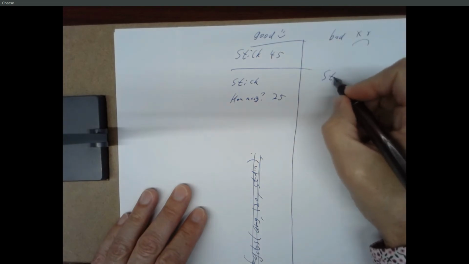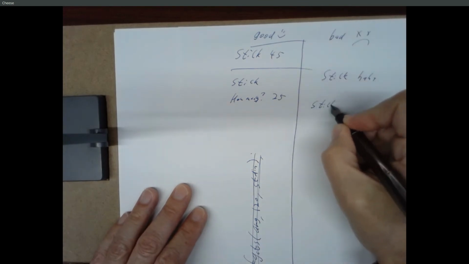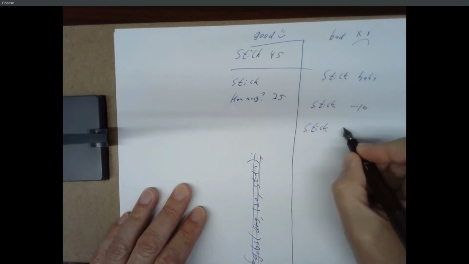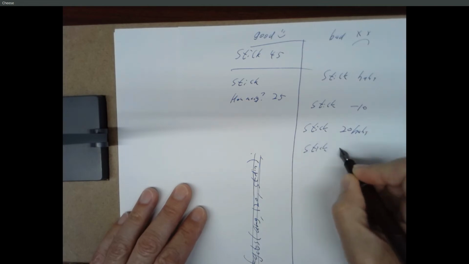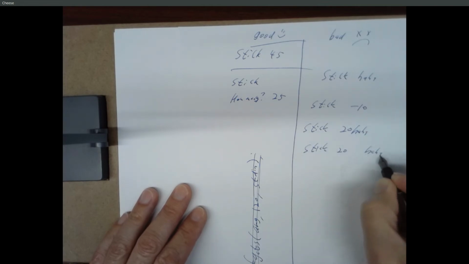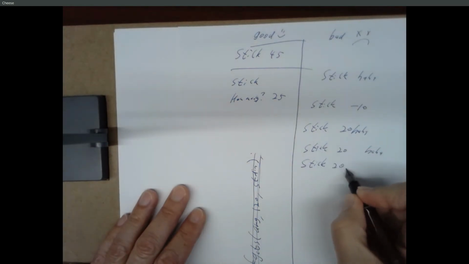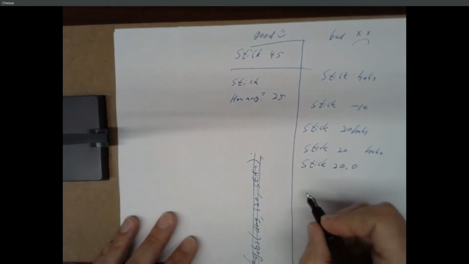So "stick haha," "stick -10," "stick 20 haha, thanks," "stick 20 space haha," "stick 20.0," right? These are all errors.